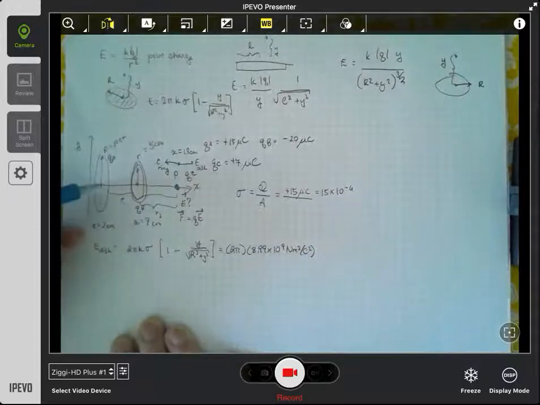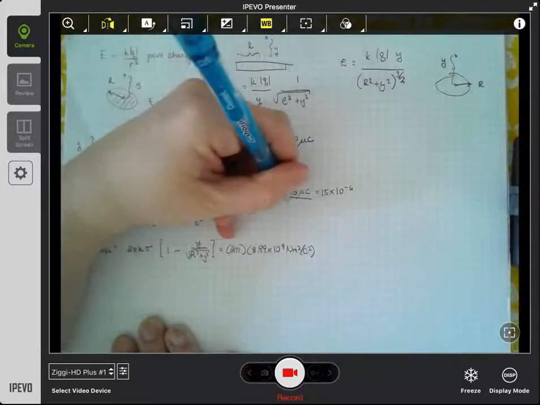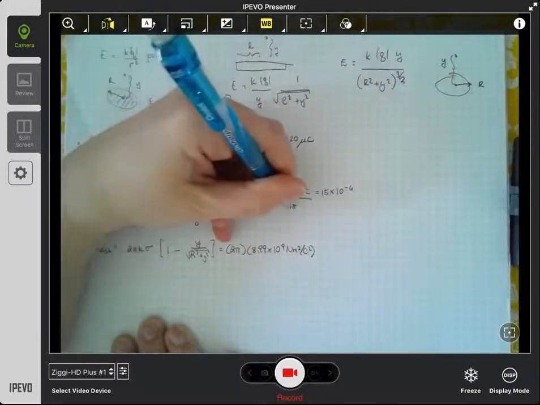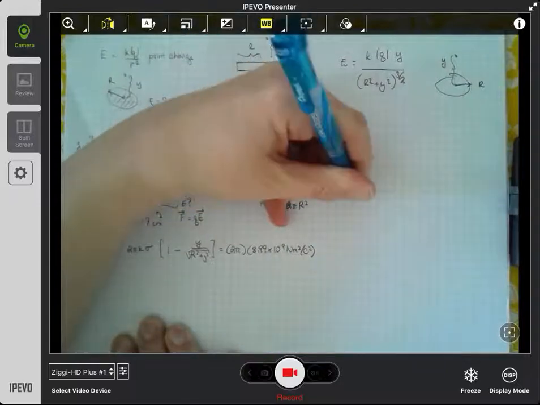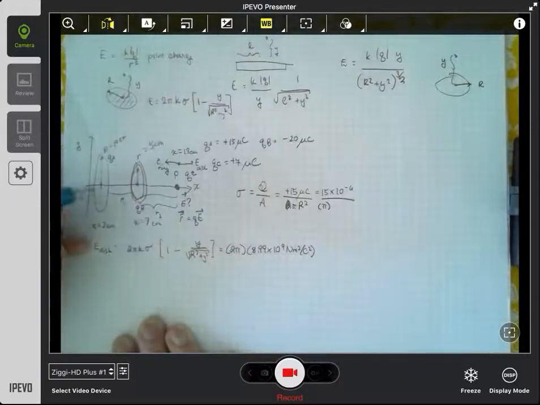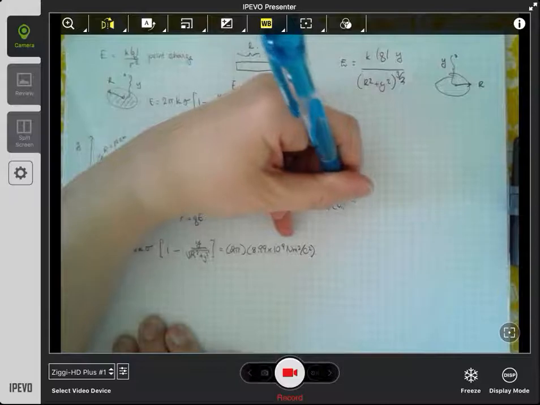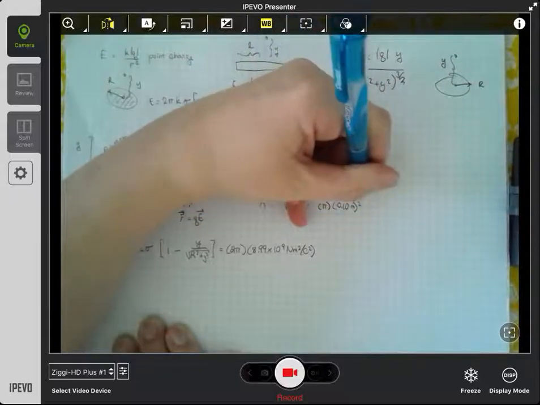We divide that by the area, which is pi r squared since it's a solid disk, and the radius we said was 10 centimeters, 0.10 meters, squared.